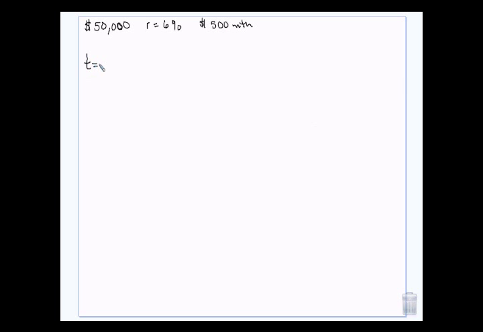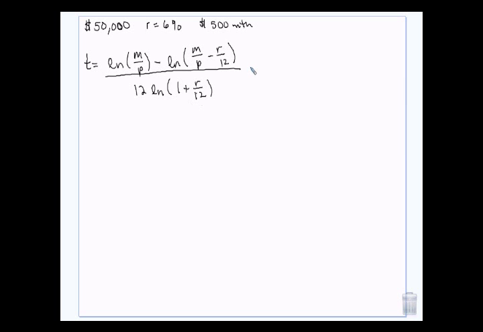So all right, so our monthly payment is going to be 500. We're borrowing 50,000. And our rate is 6%.